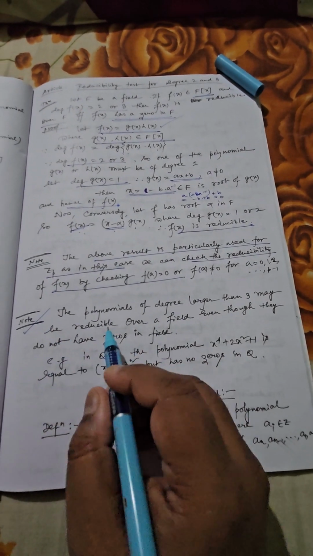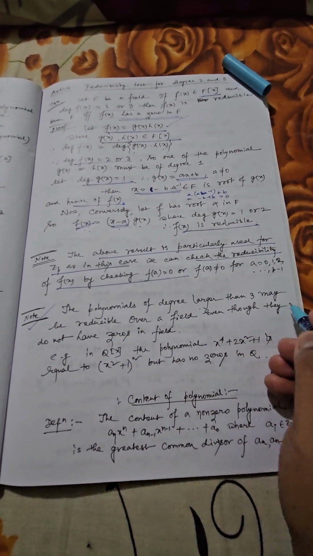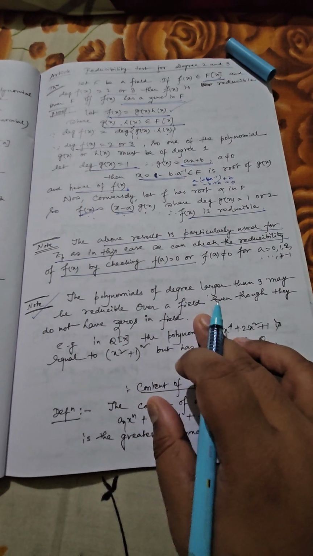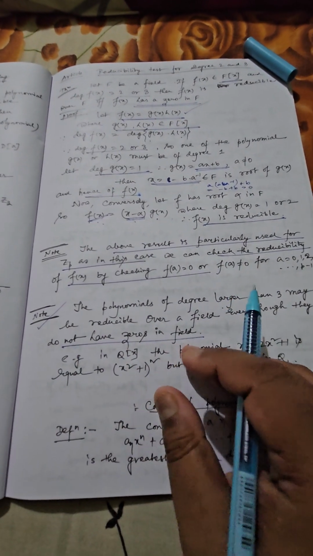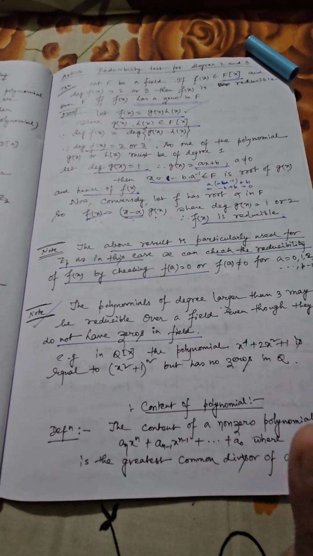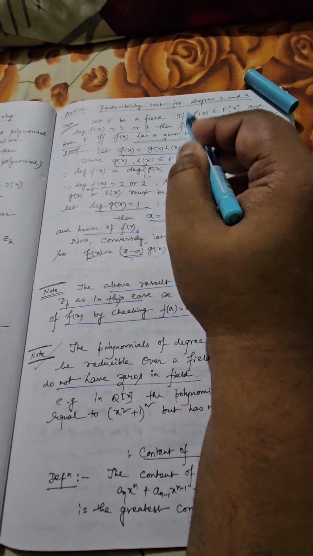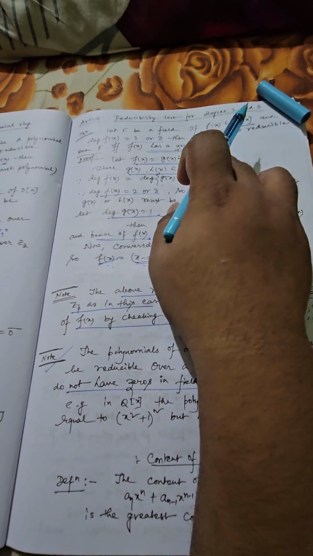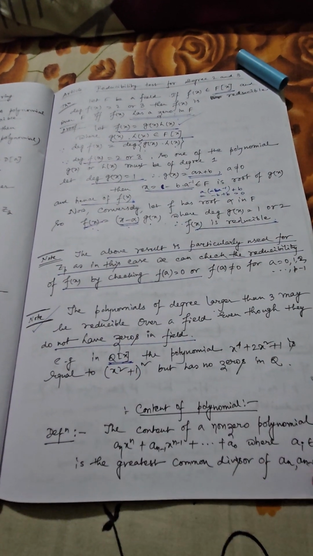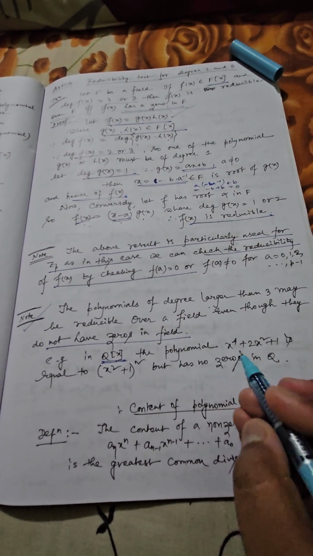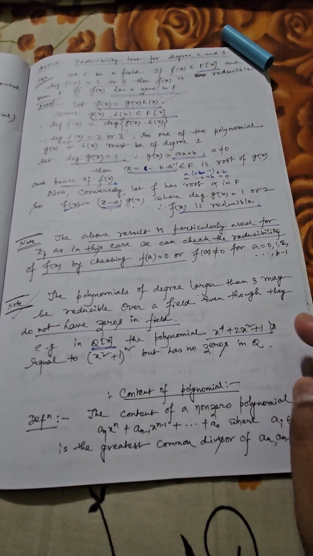Then there is another note: polynomials of degree larger than 3 may be reducible over a field even though they do not have zeros in the field. That means whenever you are considering any polynomial whose degree is higher than 3, it is not mandatory that you apply this result. In those cases this result may not be true. For example, I have taken the example of Q adjoint x. Suppose I consider the polynomial x to the power 4 plus 2x square plus 1.